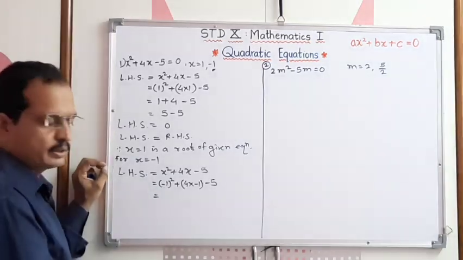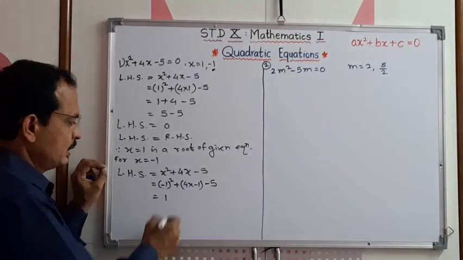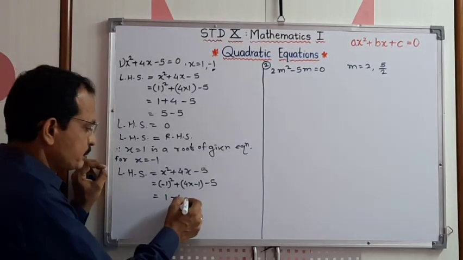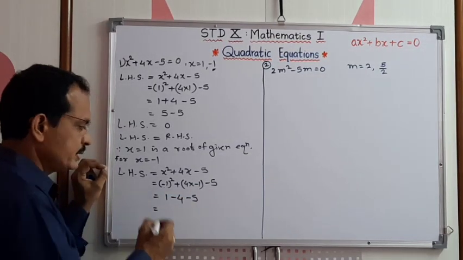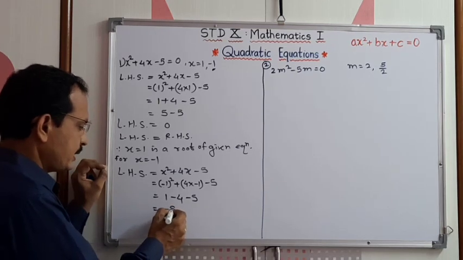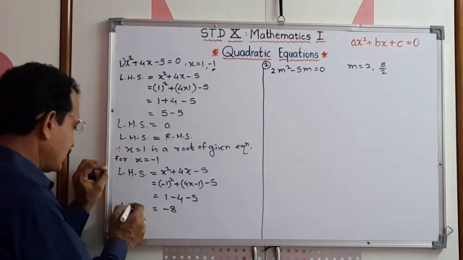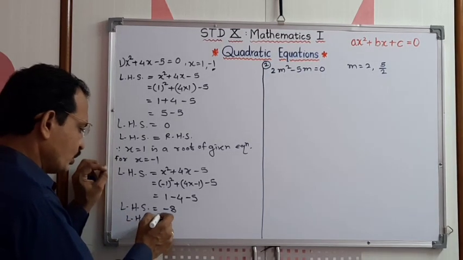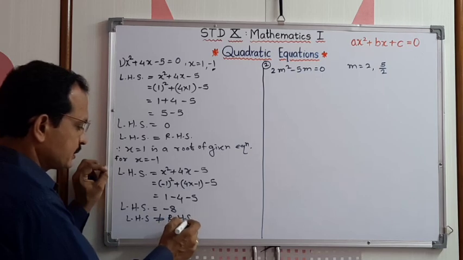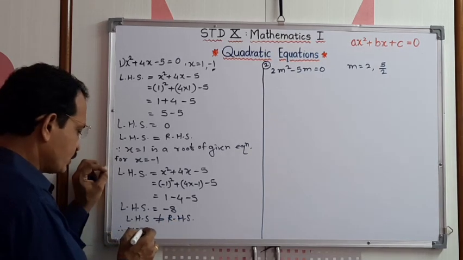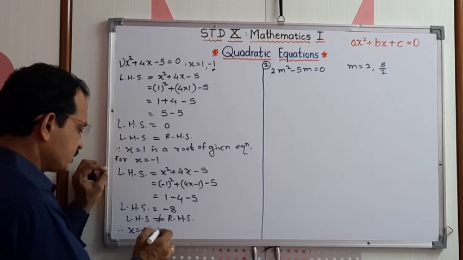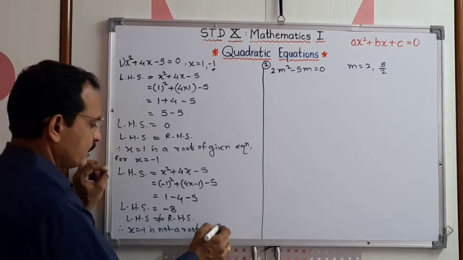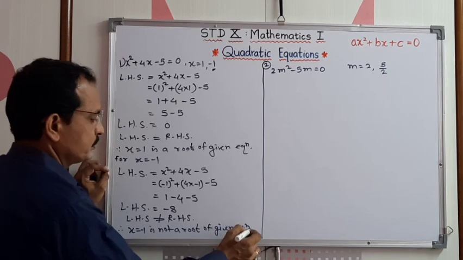Square of minus 1 is a plus 1. Plus 4 into minus 1, it is minus 4 and it is minus 5. Then it is minus 8. Now LHS is not equal to RHS. Therefore, x is equal to minus 1 is not a root of given equation.